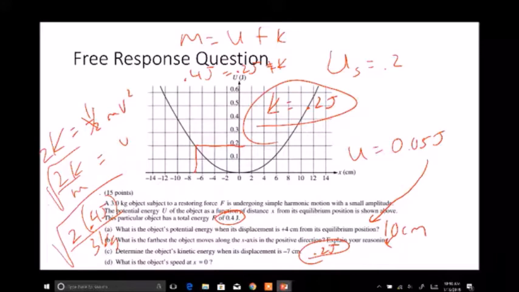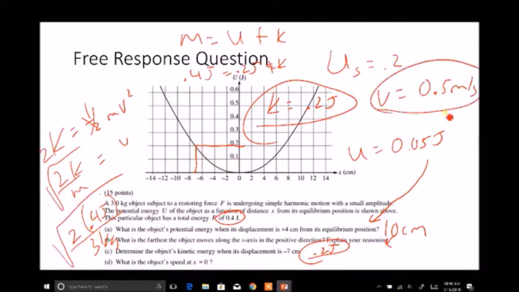Take the square root of that whole quantity, and we end up with a speed of essentially 0.5 with 1 sig fig. 0.516 is what my calculator says, but we were only dealing with 1 sig fig. So 0.5 meters per second is what we're looking at on D.